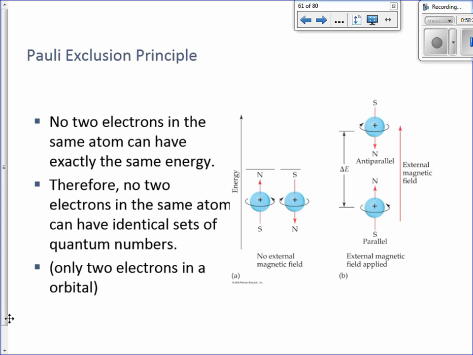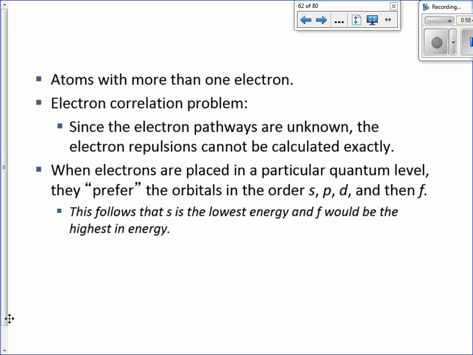Now going on to some of the stuff from last year. Oh, no, we're going to go into the penetration effect first. Which way do they prefer to fill? They prefer to fill the lower energy, right? Lowest energy to highest energy.